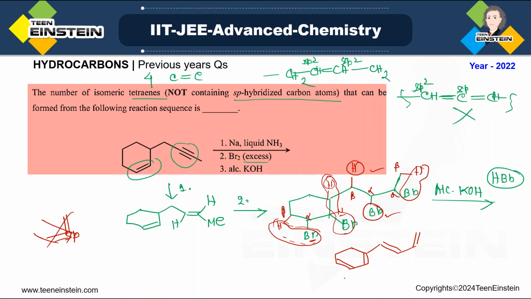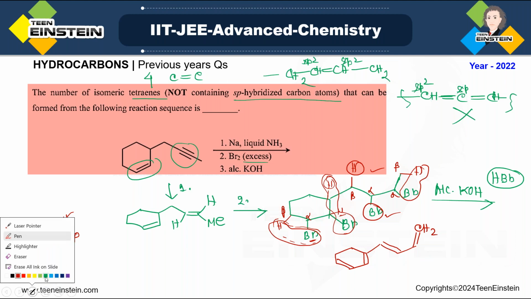Now try to think, is any isomer possible for these double bonds? Because you can consider cis-trans geometry. For the ring structure, the two double bonds that you have, you cannot do anything with cis-trans because these are fixed, rigid. Also for the terminal C=C double bond, you cannot do anything because the cis-trans question does not arise.